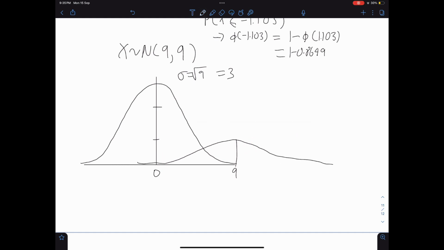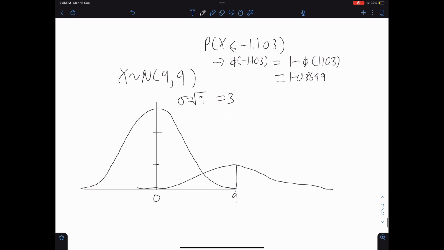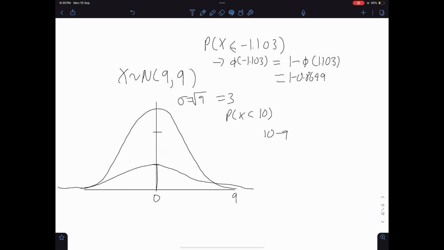So what if we want to go back? We're trying to do P(X is less than 10). Well, what we do is we just do the reverse BIDMAS. We do 10, we subtract the 9, and then we divide by 3. And then that'll get us back to a normal curve.